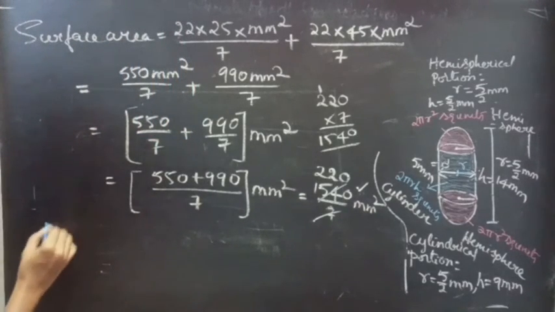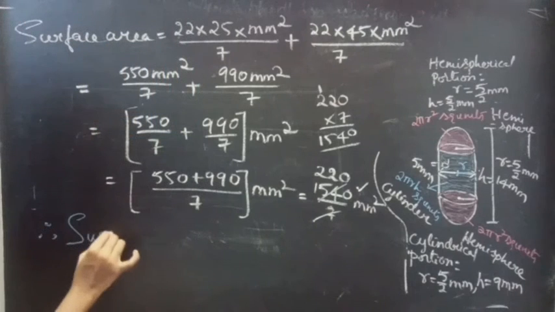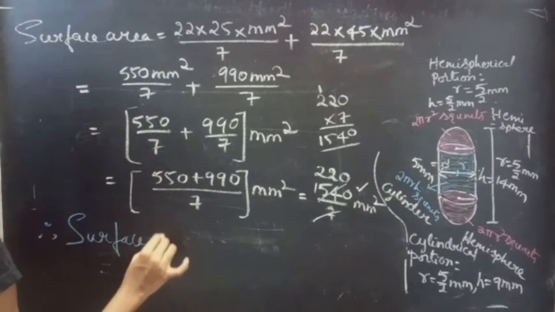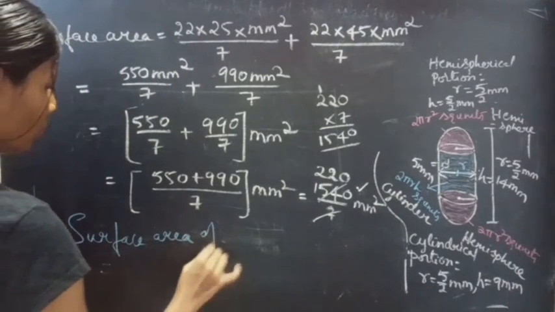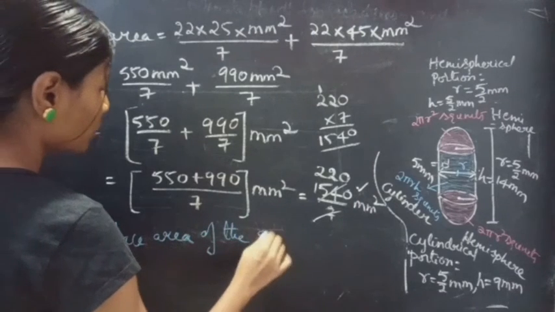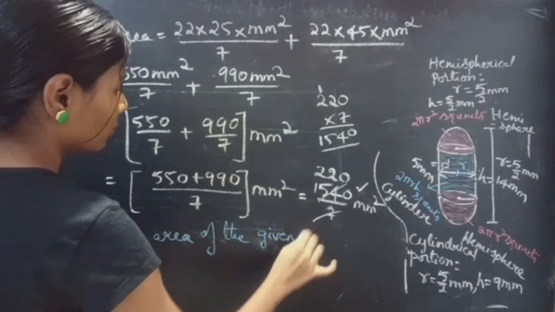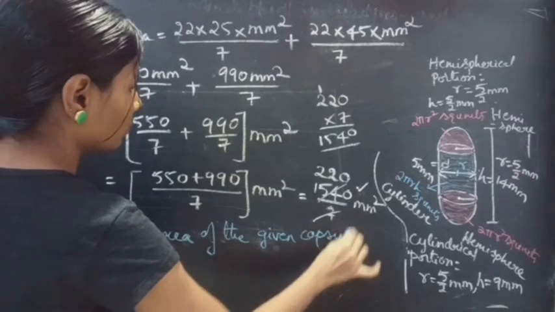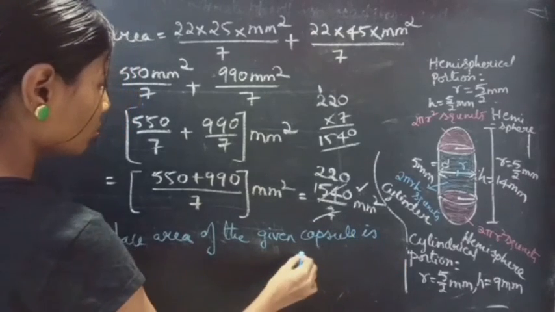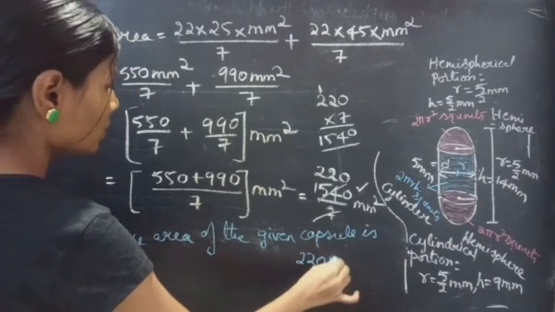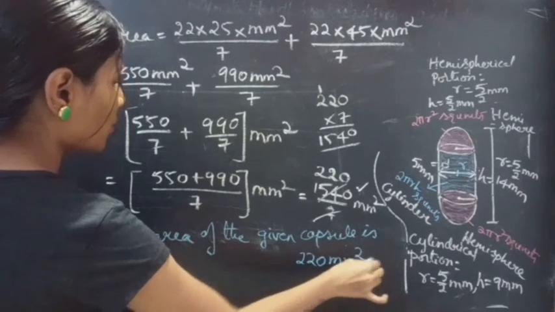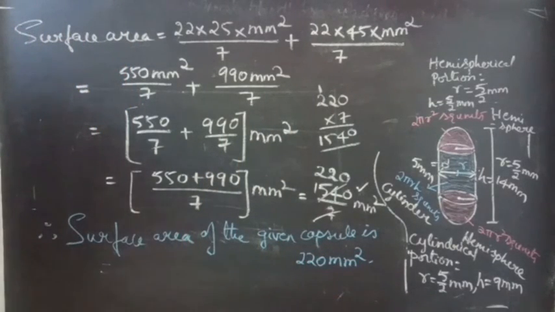Therefore, the surface area of the given capsule is 220 mm square. This completes the problem.